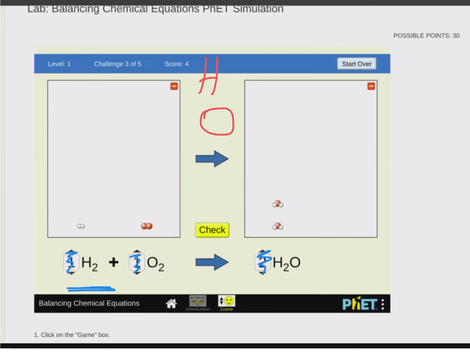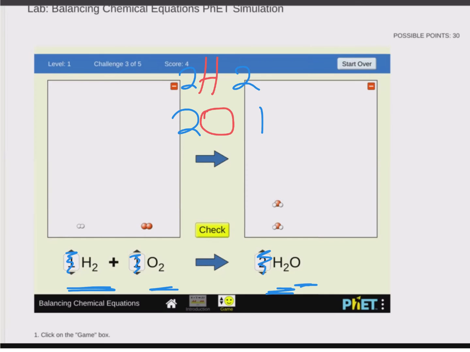I have 2. Very good. How many on the product side? I have 2. Okay. How many oxygen do I have on the reactant side? Very good. Okay, and how many oxygen do I have on the product side? 1. Okay, uno.